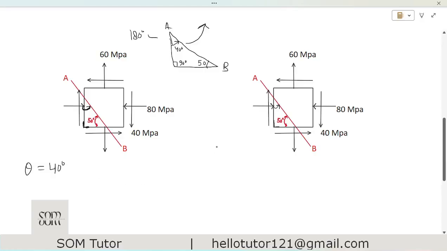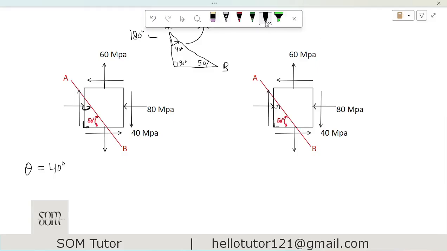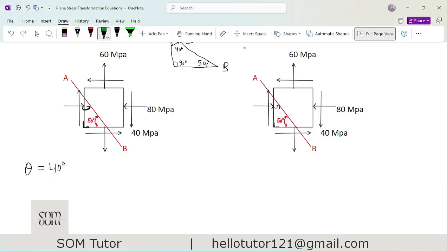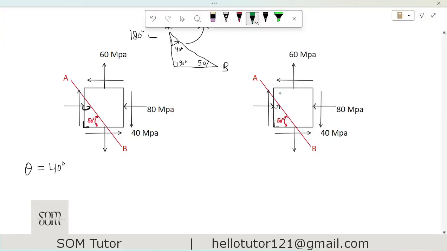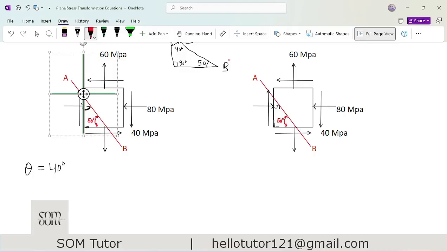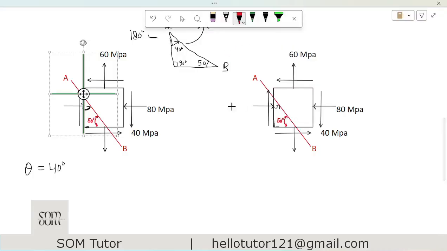Okay, so now let us rotate, let us add these axes and see whether in the normal axis we get sigma x or sigma y this time. Let me add the original first. So here it is this, this is the original, and let us draw the transformed axis.